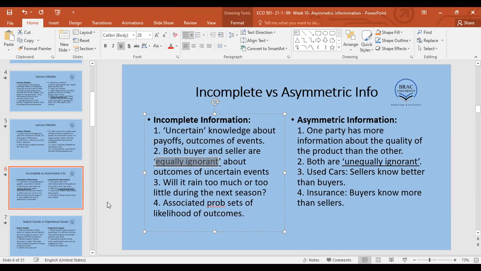So that is uncertain information. Uncertain information is not asymmetric information. Why? Neither sellers nor buyers know the outcome of these uncertain events. So both the buyers and the sellers are equally ignorant. But in the case of asymmetric information, one person is ignorant, the other part is not ignorant. So can you now understand the difference between incomplete information and asymmetric information?